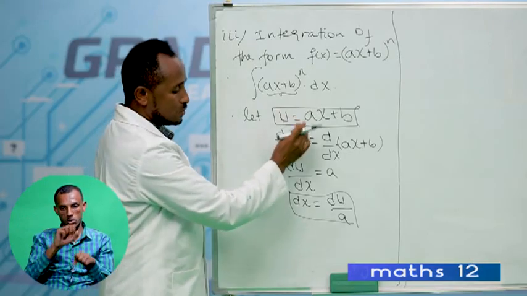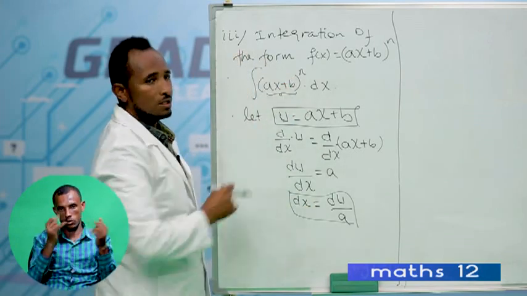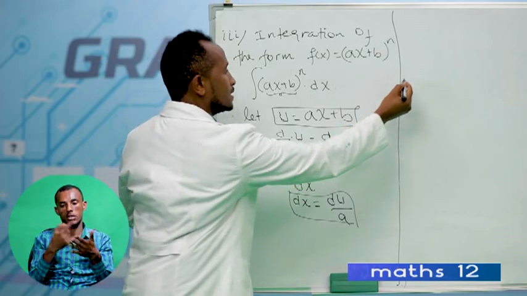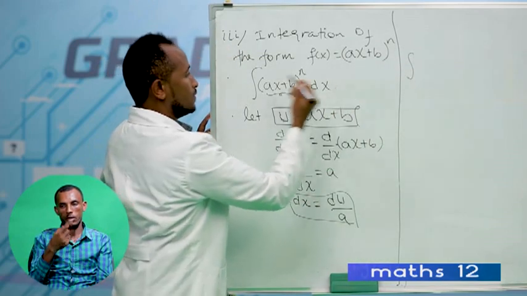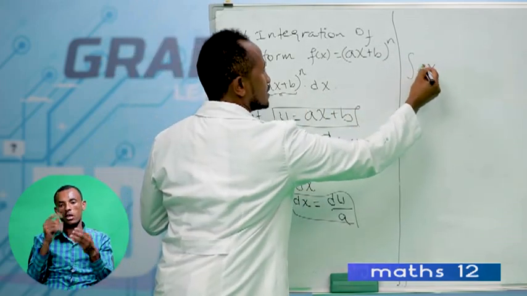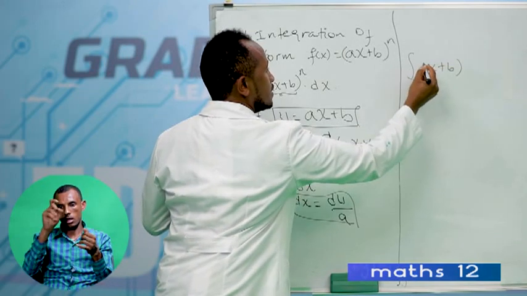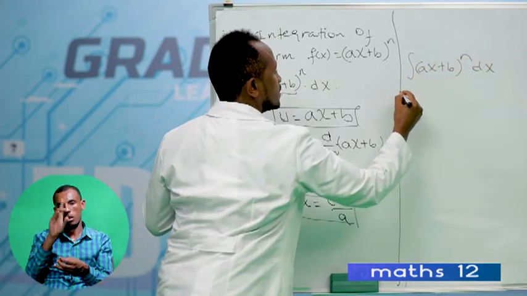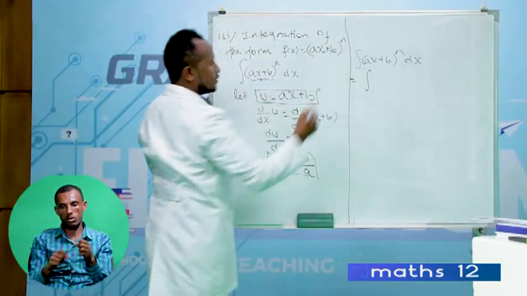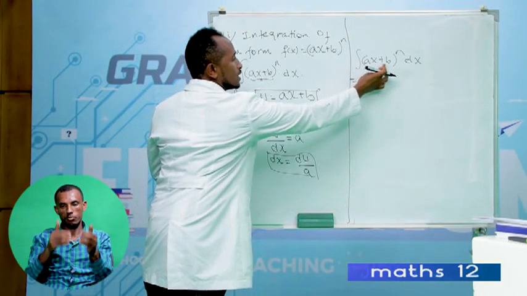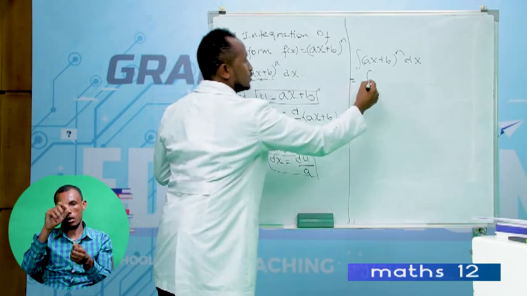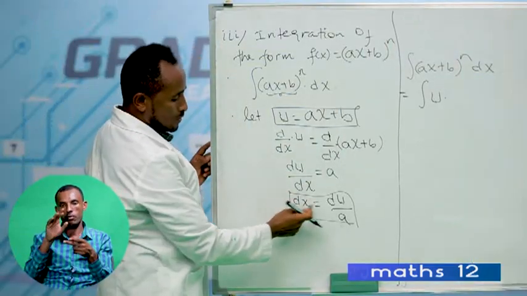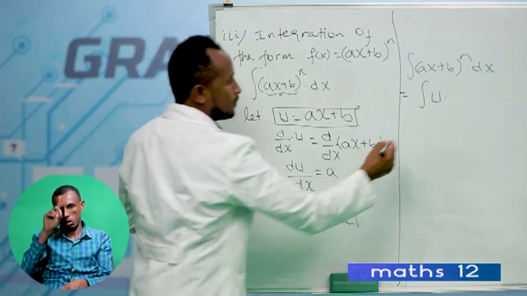So let's substitute these two expressions in the original integral. The integral is ax plus b to the power of n dx. So this is equal to, in place of ax plus b, we substitute u, and in the place of dx, we substitute du over a.